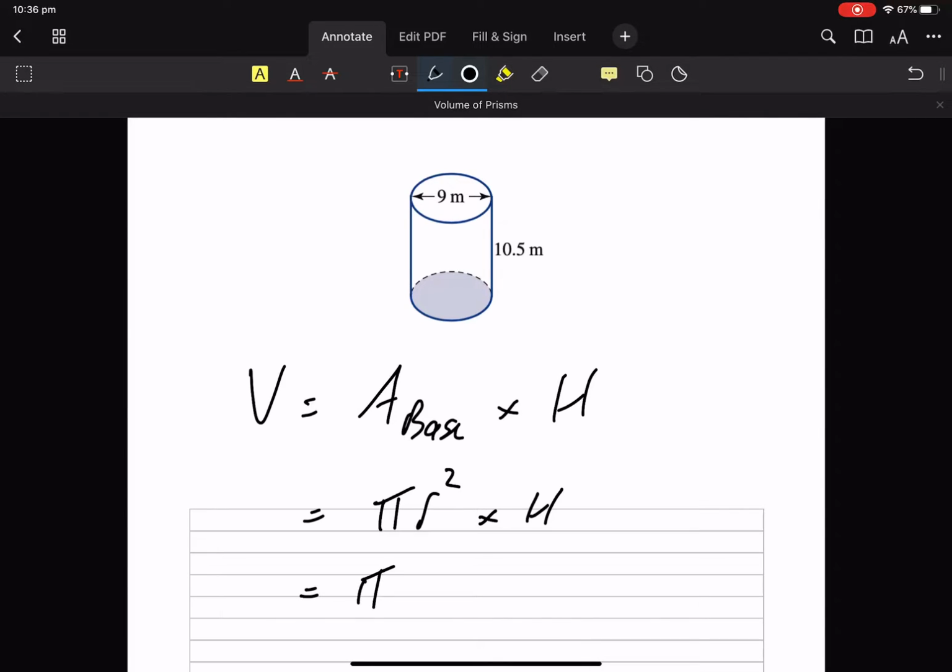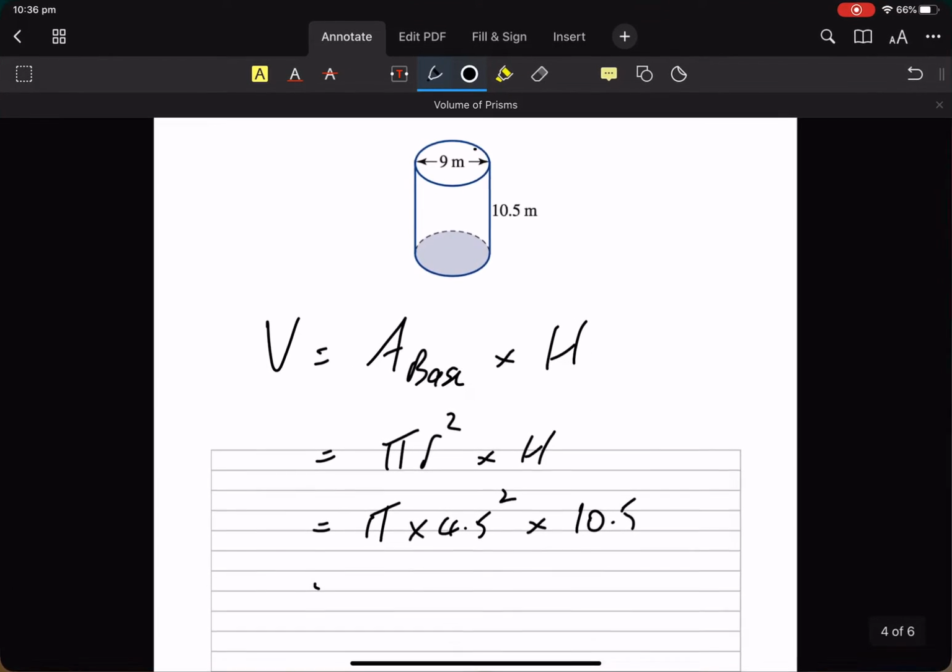Hey, what's my radius? If that's 9, my radius is half of that. And the height of the prism. Calculator, pi times 4.5 squared times 10.5, 667.98, and it would be metres cubed.